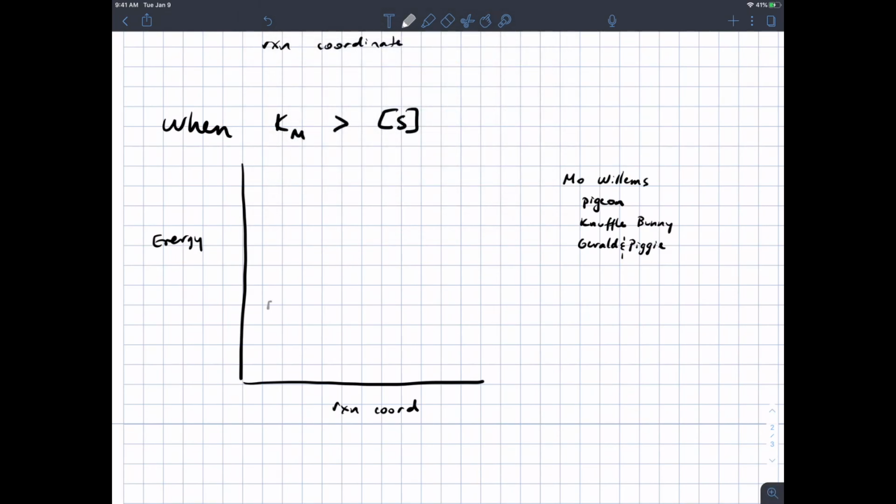with this reaction coordinate energy diagram. Enzyme and substrate, transition state, enzyme substrate complex, enzyme product complex, enzyme plus product. Looks like I need to move this one over and that one over a little bit.